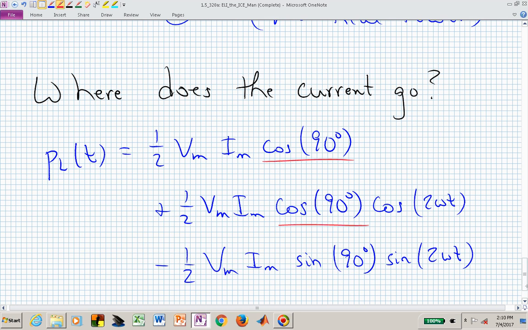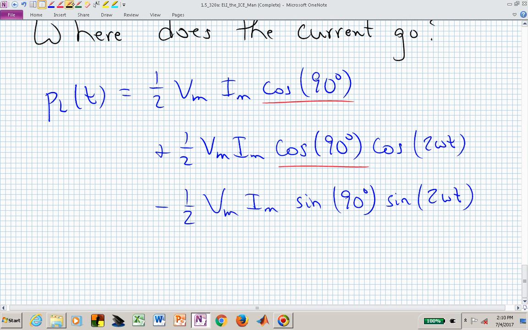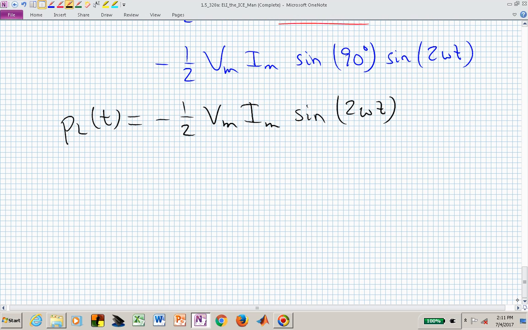Those first two terms then disappear, and we're left with the instantaneous power of our inductor due to this voltage and current: minus 1/2 V max I max, and we can simplify, sine of 90 is 1, sine of 2 omega t. And that's the instantaneous power associated with that inductor.